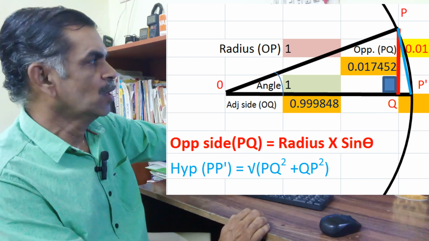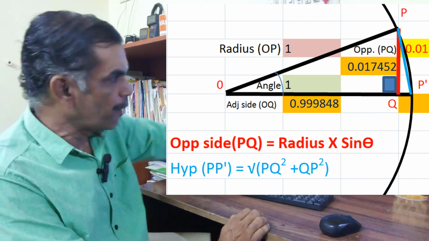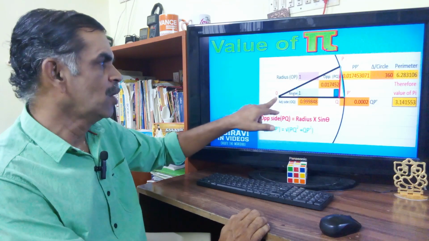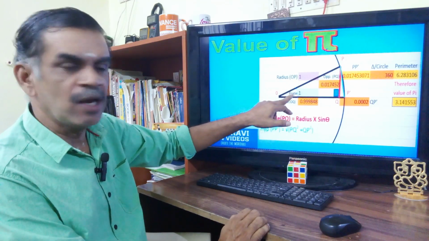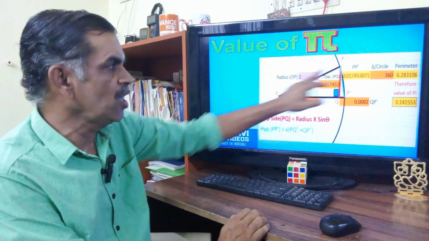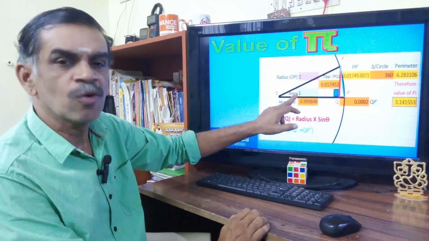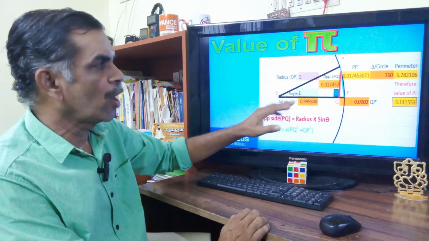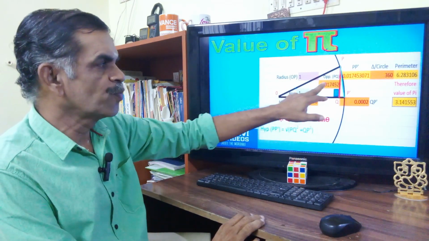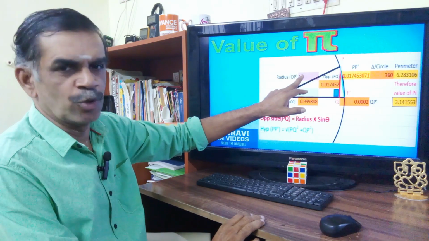We know the radius, which is the hypotenuse of this triangle, 1, and we know the angle POQ is 1 degree. So now we can calculate using sin theta equals opposite side by hypotenuse.